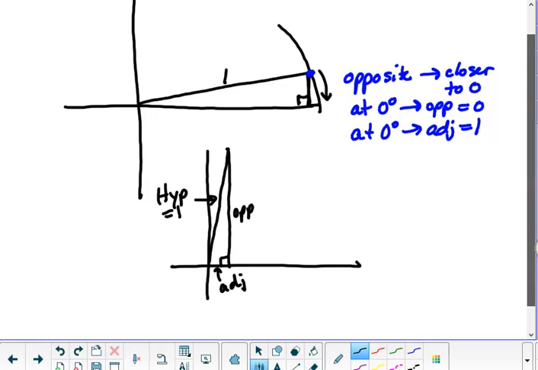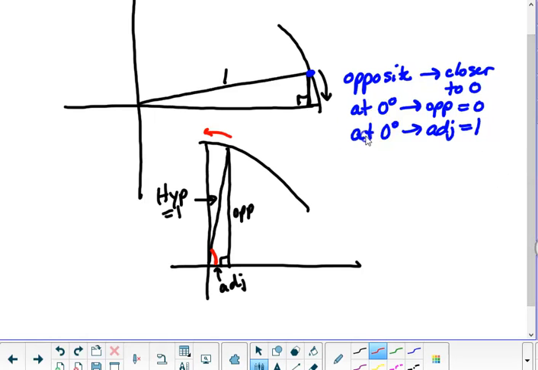Now imagine, we're on a circle, and we're sliding this point closer to 90 degrees. So this angle right here is pretty big, and we're making it closer and closer to 90 degrees. So what's happening to the adjacent side? The adjacent side is getting smaller. The closer this point up here gets to the very top at 90 degrees, the adjacent side is going to get smaller and smaller.